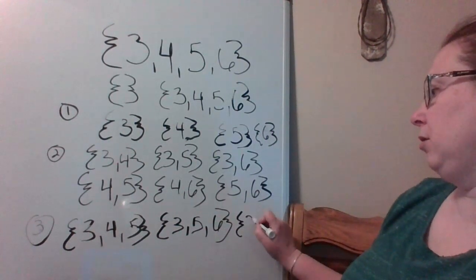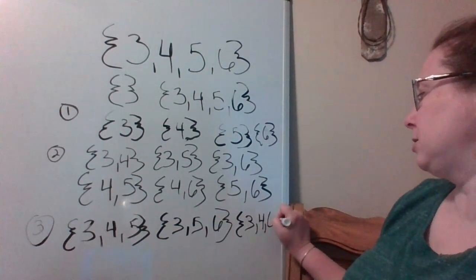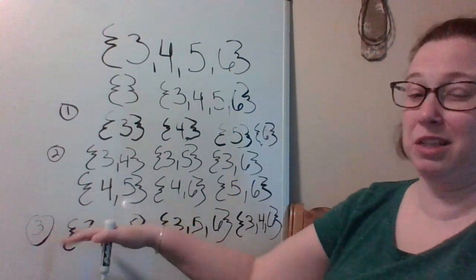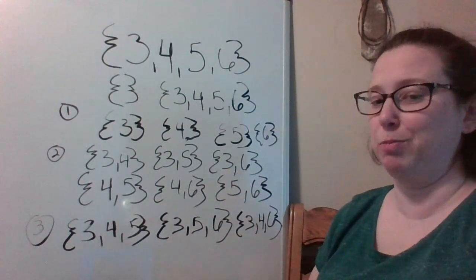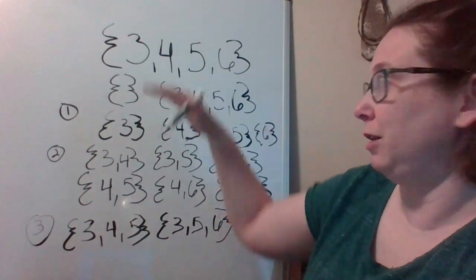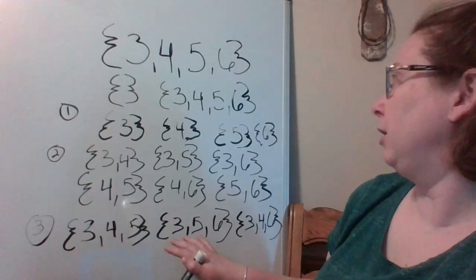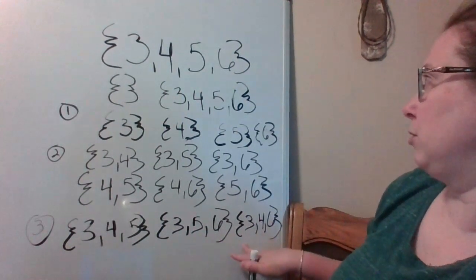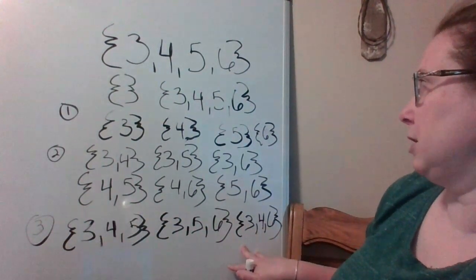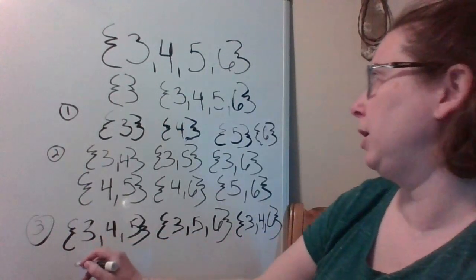I need 3, 4, 6. You can see these are going to get exponentially bigger in the amount of subsets that you have. So we have 3, 4, 5, 3, 5, 6, 3, 4, 6. So I believe that's everything with 3 at the beginning.